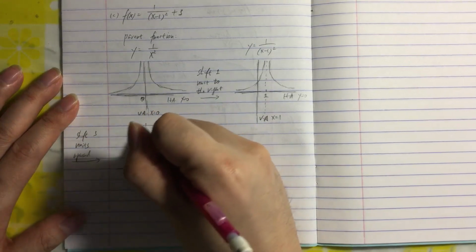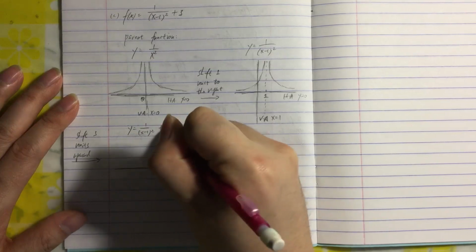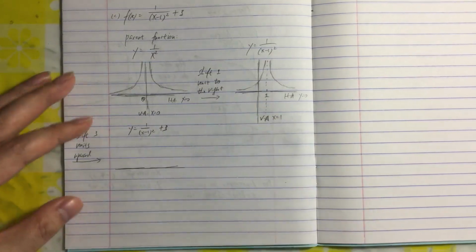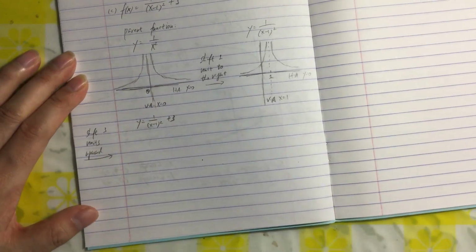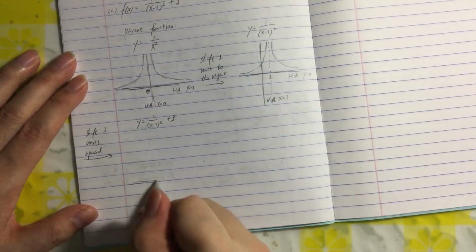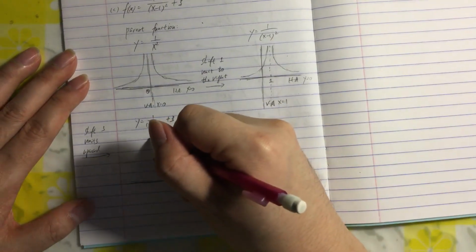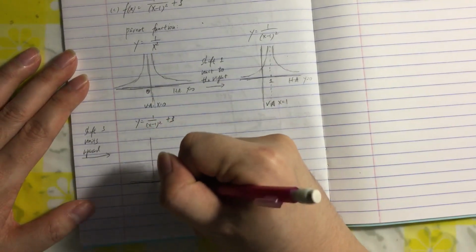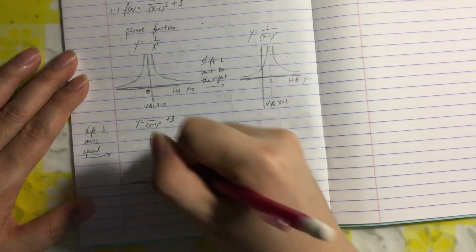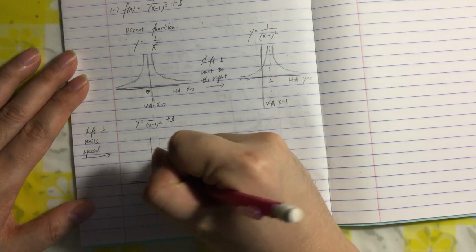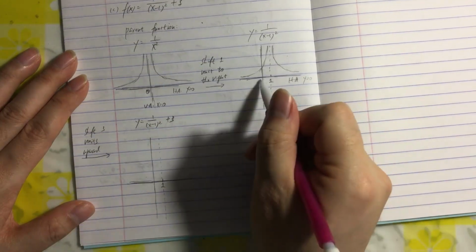The function is 1 over x minus 1 squared plus 3. It was 0 here.